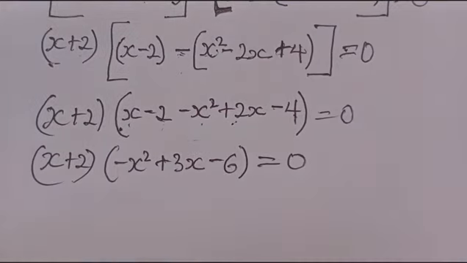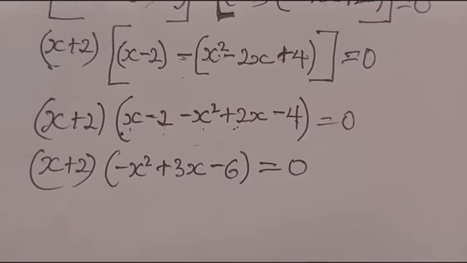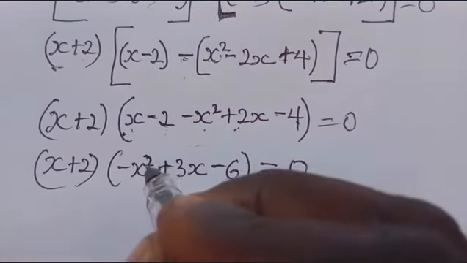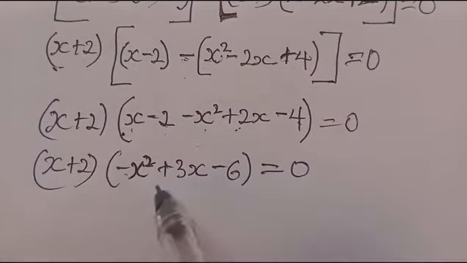All equals to 0. I can decide to make sure that the negative sign in front of the x here is removed by multiplying every side.